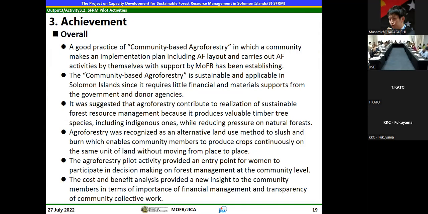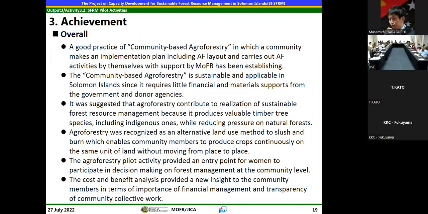There was also active participation by women in this project, especially in this agroforestry implementation activity. The costs and benefits provided to the community members in terms of financial management and transparency of community-related work.